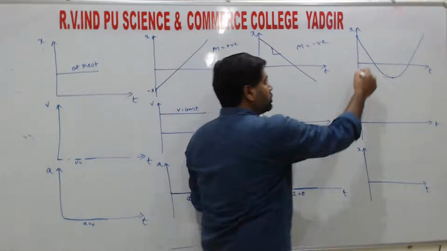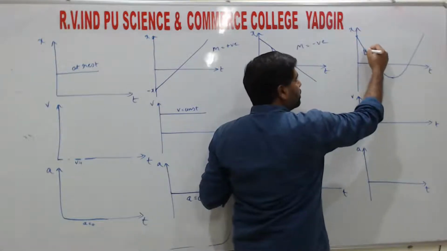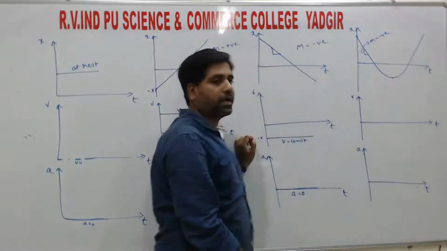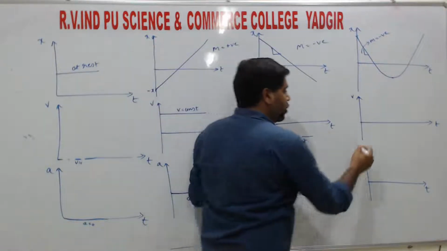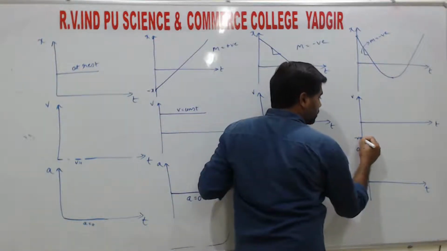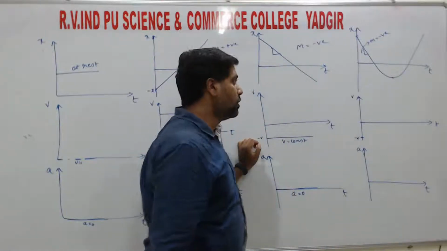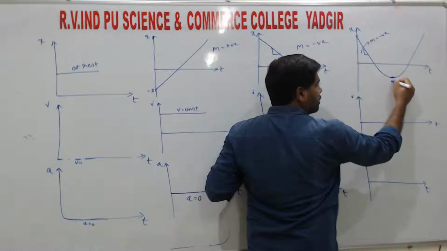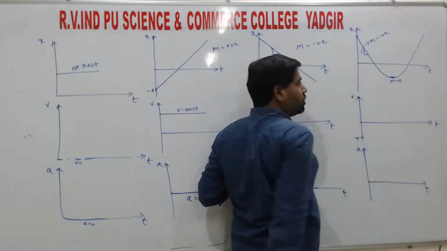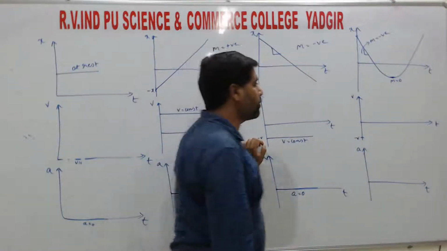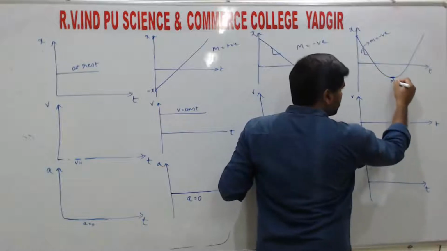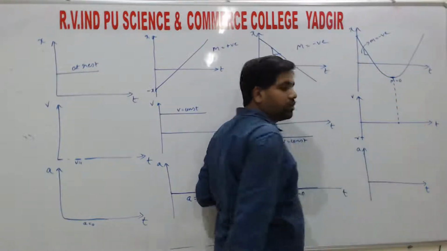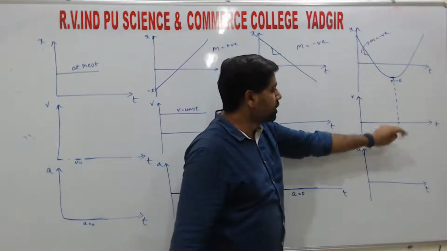That means the velocity is negative. Here we get slope m is negative, right? That means the velocity is negative, minus v. It starts from here. So at this point, the slope is zero, right? So here slope m is equal to zero. Slope m equal to zero is nothing but velocity is zero. So exactly at this point, v is zero. Along the time axis, velocity is zero.